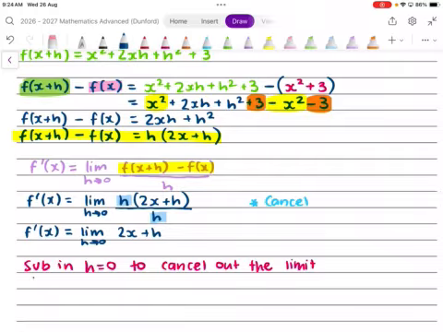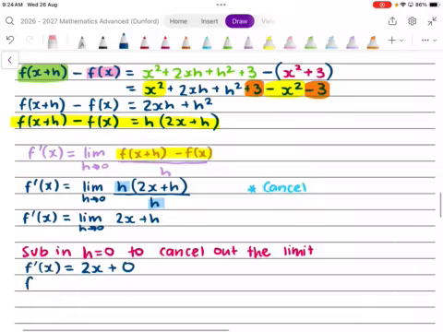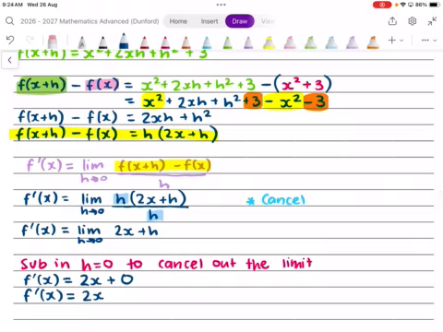So the limit goes away because we're substituting in a 0 for our h, so it will be 2x plus 0. That means f dash x is equal to 2x. So what we have found so far is that the derivative of our original function, x squared plus 3, is just equal to 2x.